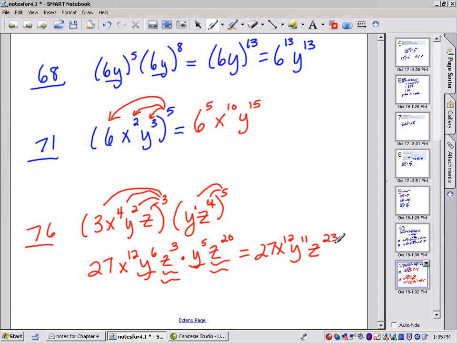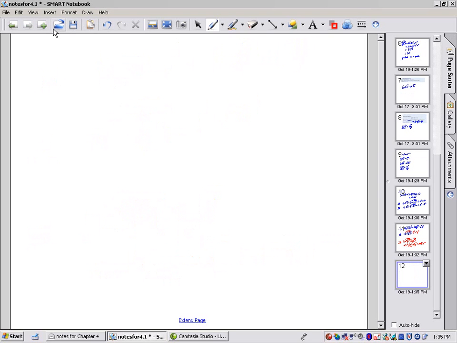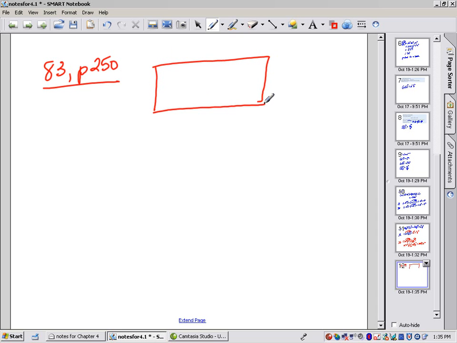I guess I should do one other type before I finish. There are some problems in here that ask you to find the area or the volume, and they give you an expression that's a variable expression for the length or the width. So let me talk about that. Number 83 on page 250 is to find the area of this rectangle, where they tell you that the length of it is 4x cubed, the width is 3x squared.